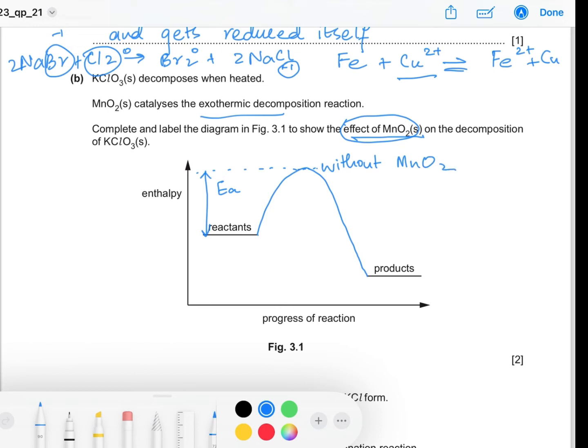When you utilize a catalyst, this peak, or the difference in these two energy levels, will be much smaller. So the second curve you draw would have a lower peak. So this one over here is with the catalyst, and it has a much lower activation energy.